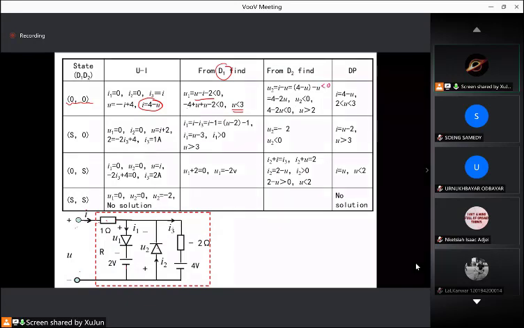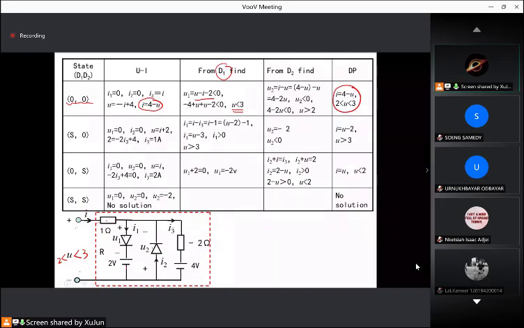Then the D2 will open. This part is 4 minus 2U. I is 4 minus U, so 4 minus 2U. It should be less than 0. That means the U should be larger than 2. So for the U less than 3 and larger than 2, then D1, D2 will really open. And in this part, the I equals 4 minus U.